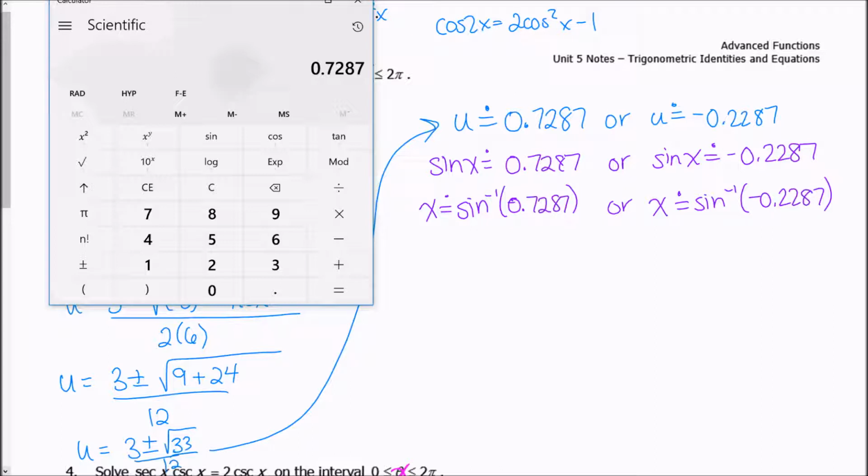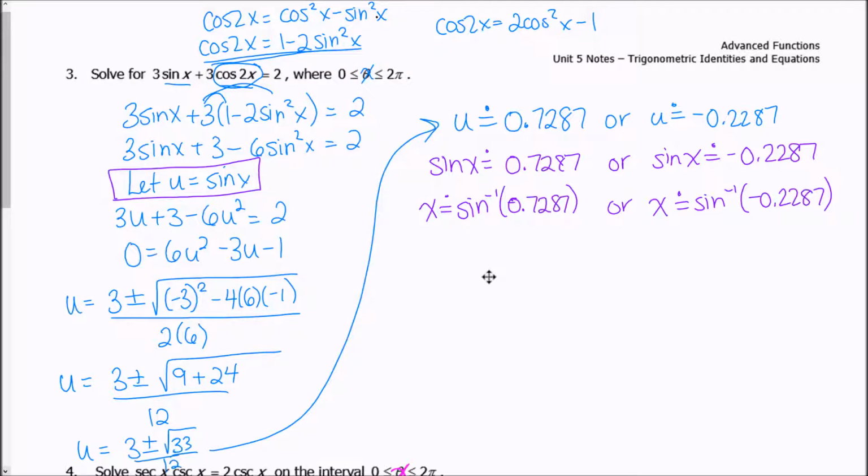So now I'm going to take the inverse sine of 0.7287. Make sure that you are in radians in order for this to work for you. And when I do that, I get 0.816. So x is equal to approximately 0.816. But we have to use the CAST rule. So if we look, where is sine positive? It's positive in the first quadrant, and it's positive in the second quadrant. So our related acute angle is 0.816.